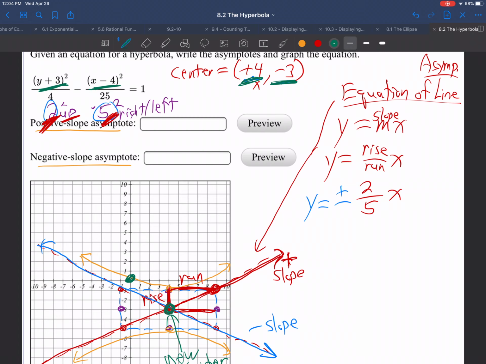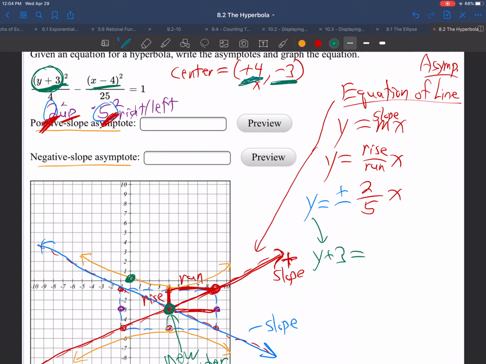Well, then that's easy. You just grab exactly this, and in the place of y, you just put y plus 3. You just put whatever's in the equation. That'll do the shift for you. And then you have everything you had before with the plus or minus 2/5, and then what was the x shift? x minus 4.